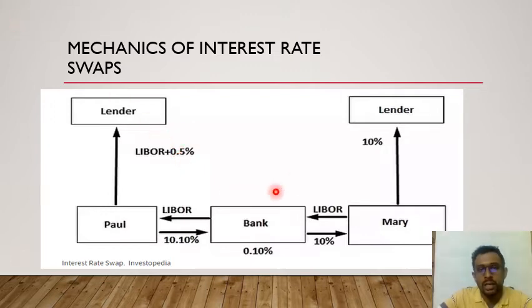This is also done by several banks for speculation purposes, where they transact with a notional principal in hand. They bet on floating and fixed rates, and they agree to pay a fixed rate and get back a floating rate. If it is favorable to them, like the floating rate is more than the fixed rate, they will be gaining.